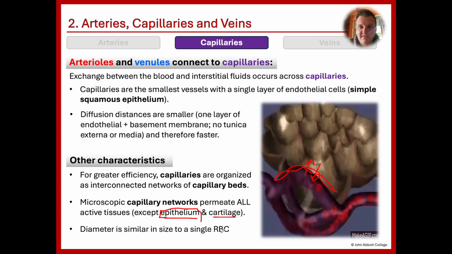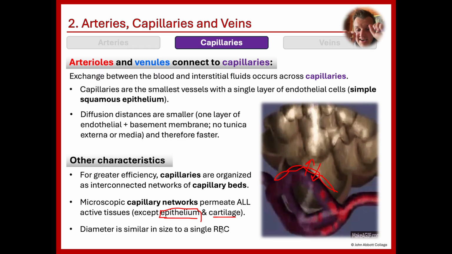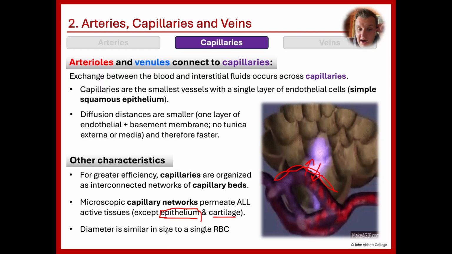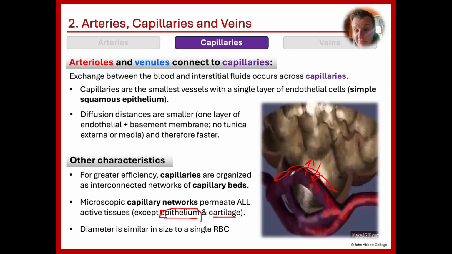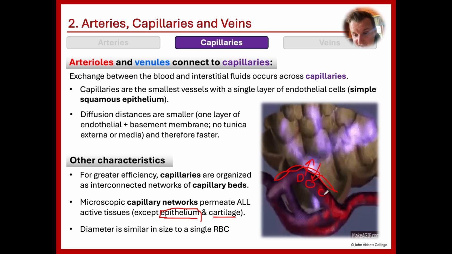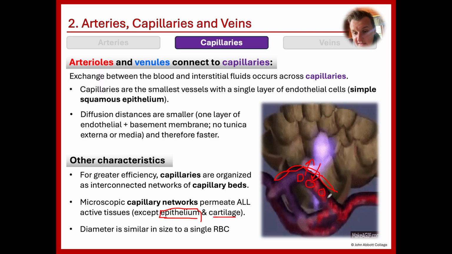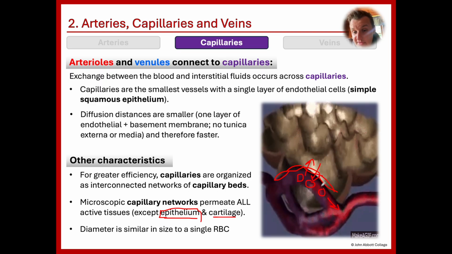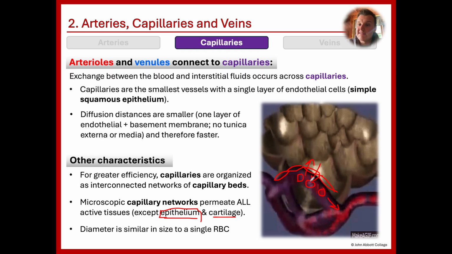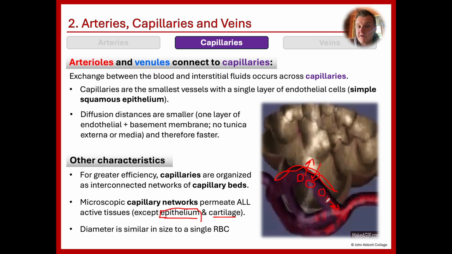We have vessels like the arteries that are big, but these are tiny, microscopic, similar in size to a single red blood cell, because it's kind of nice that these capillaries put one single red blood cell in line after another flowing through, so that it maximizes the exchange between the tissue and the blood vessel itself, right?